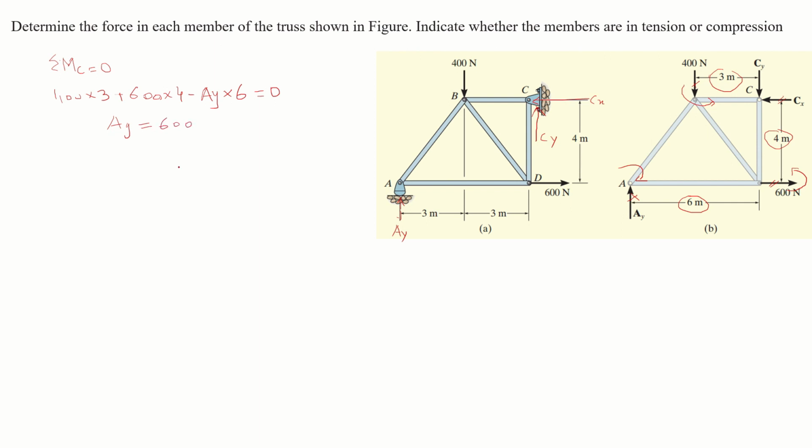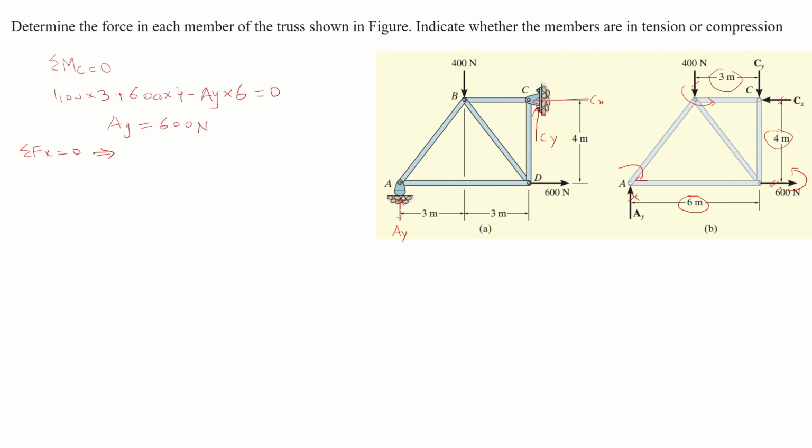600 Newton. Then we will apply the other equilibrium equations. The second equilibrium equation is sigma Fx is equal to 0, which implies that in the x direction there are only two forces, Cx and this 600 Newton force.